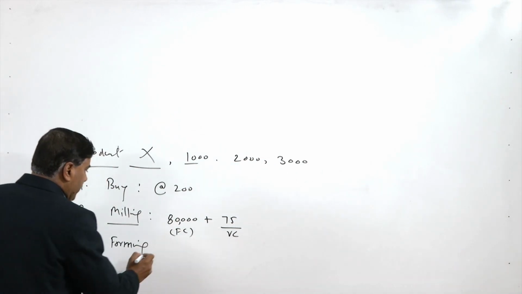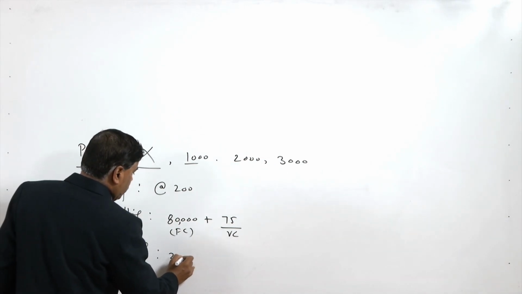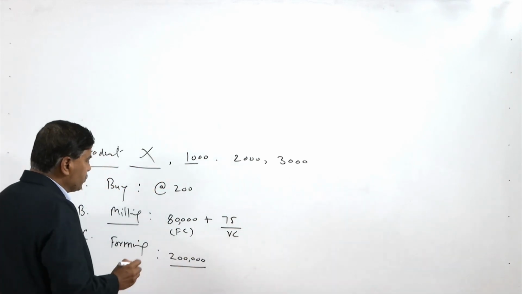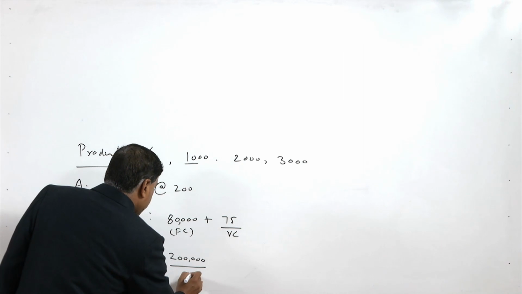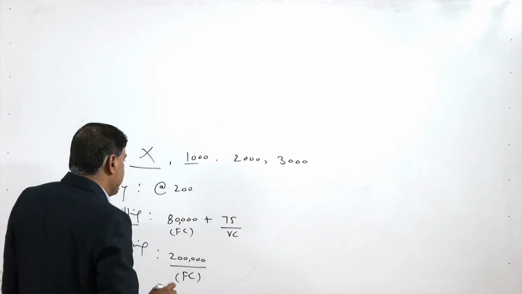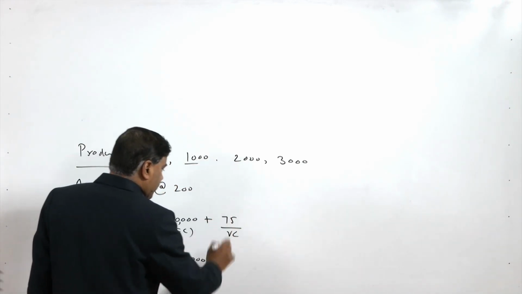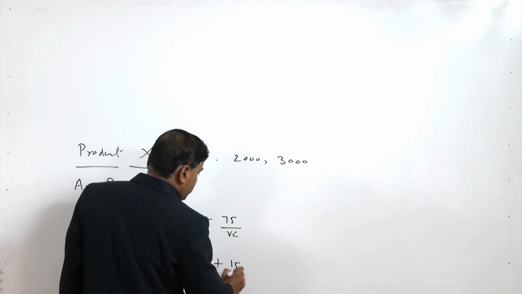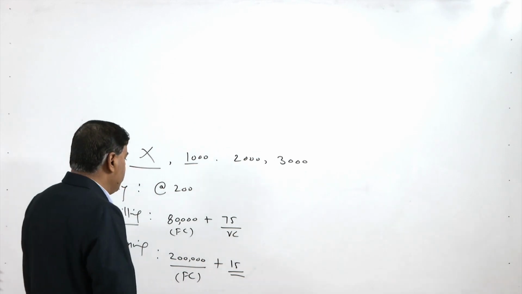And if forming is to be used, then 200,000 units is the investment to be made as a fixed cost for forming, and then the product can be made at a much lower variable cost, say 15 units per piece.